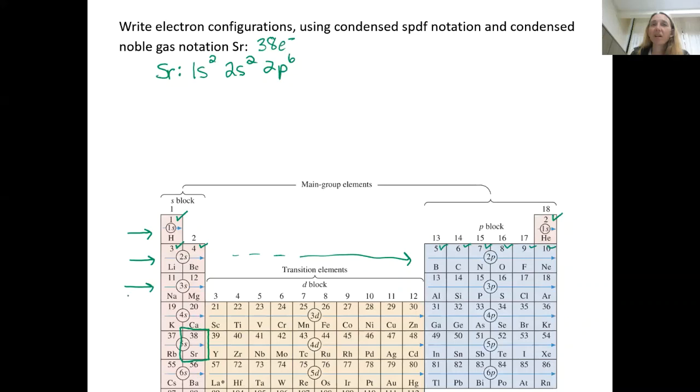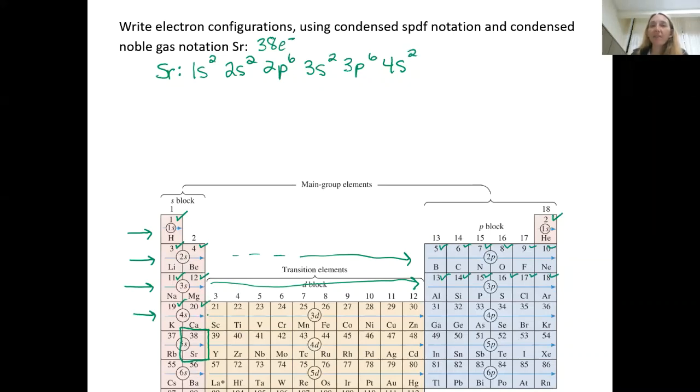Then I go down to the 3s orbital. I'm just using the periodic table to help me build up from the bottom to strontium down here. So here we've got 2. Let me go across to 3p, and 3p has 6. Next we go to 4s, which has 2.